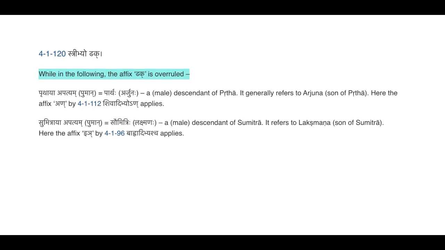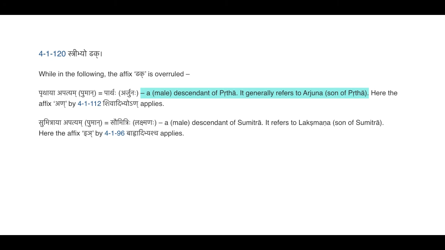First example here is Prithaya apatyam puman parthaha arjunaha, a male descendant of Pritha. This is also, of course, in the Bhagavad Gita, used many times. It generally refers to Arjuna, son of Pritha. Even though it could refer to any other sons of Pritha, normally the form Partha refers to Arjuna.